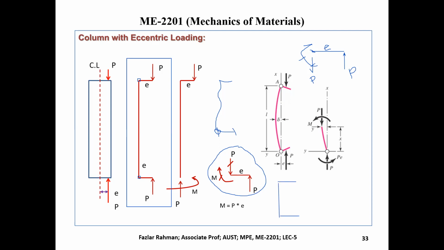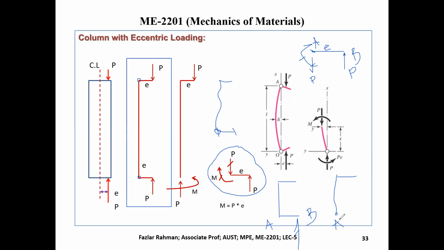If I say this is point A and this is point B, then at point B this load is working. So I would like to make the free body of line AB. This is the point B, and this is the point A. Now, how much load is working within this column at this point? This is also A, the common point, right?